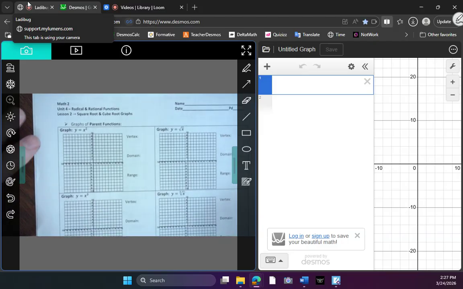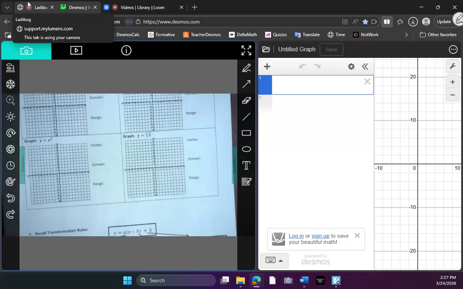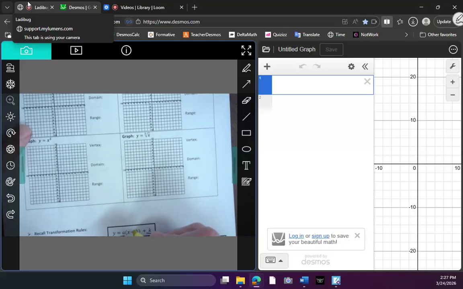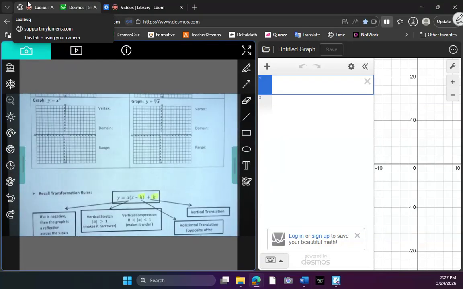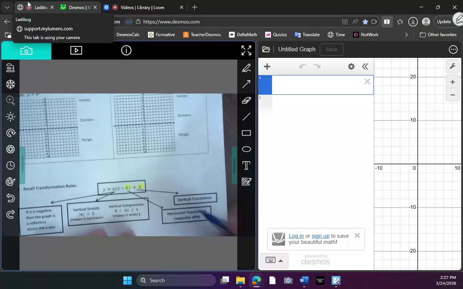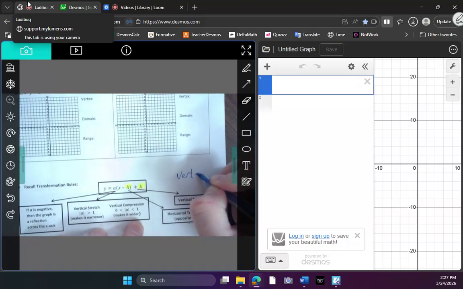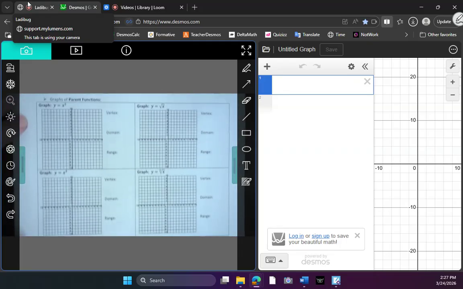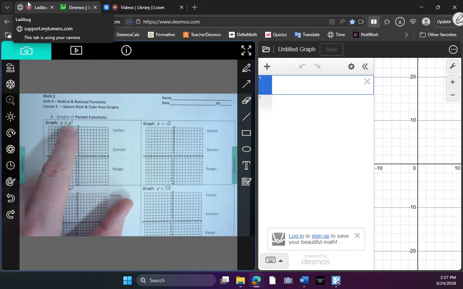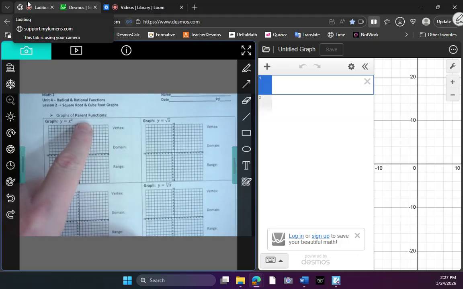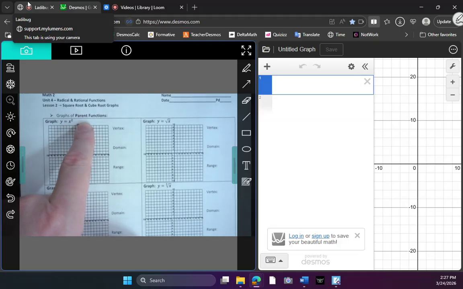Remember that in the vertex form, the H and K are the coordinates of the vertex, whether it be a quadratic, cubic, square root, cubed root, whatever. The vertex is always at H, K. Now, here we don't see anything added or subtracted inside the parentheses with the X, and we do not see anything added or subtracted at the end.